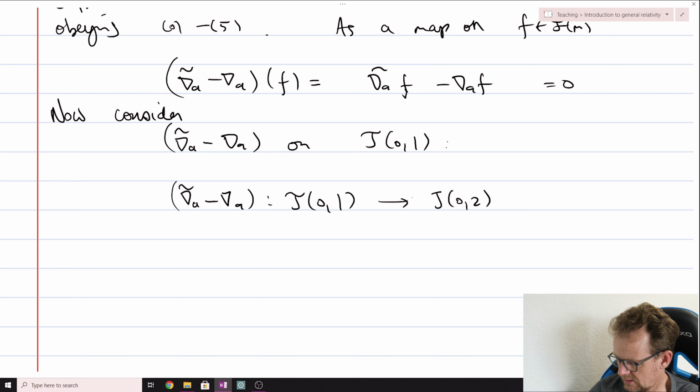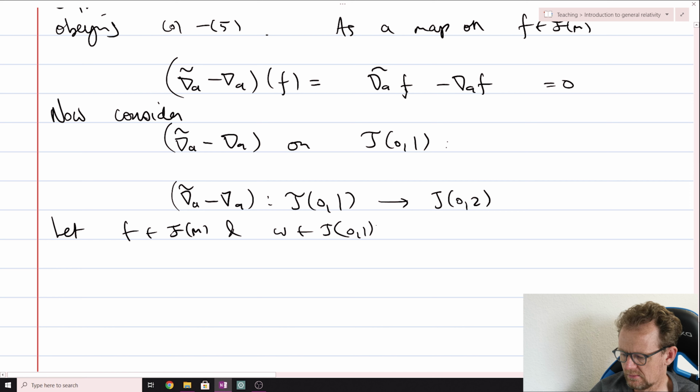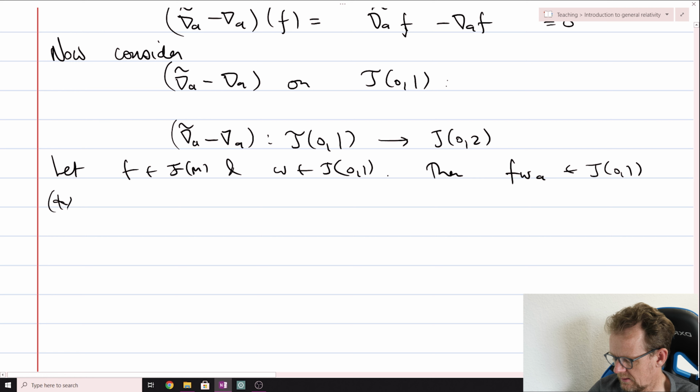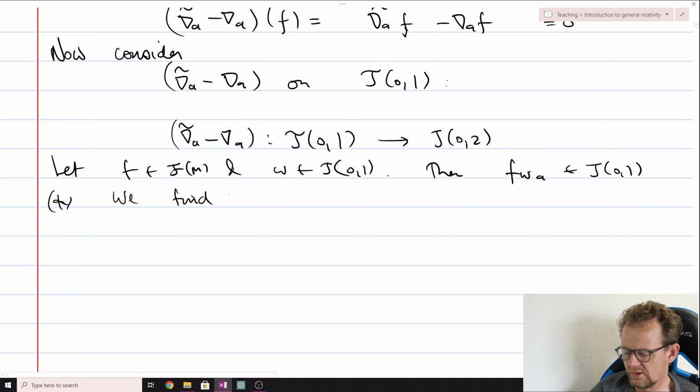Now let f be a smooth scalar function, and omega is an arbitrary covector, dual vector. Then one thing we can do is multiply scalars by dual vectors and get other dual vectors. And now we're going to learn something from this Leibniz property. This is the key strategy to determining this difference and understanding the freedom of definition in covariant derivative operators, this following trick.